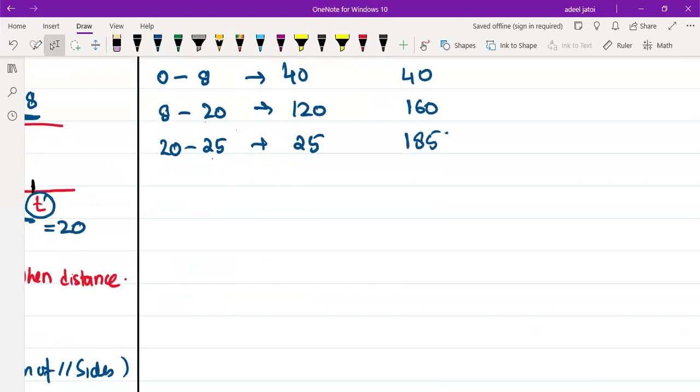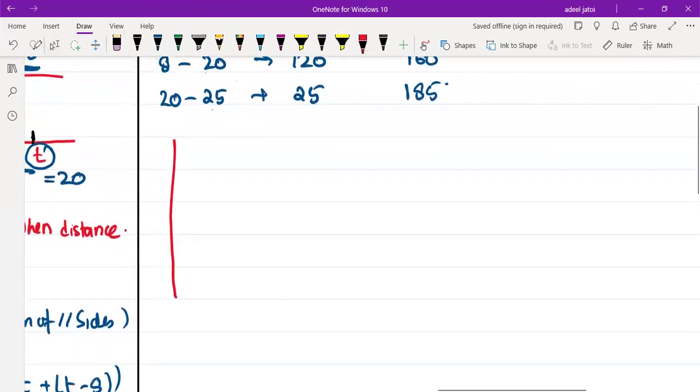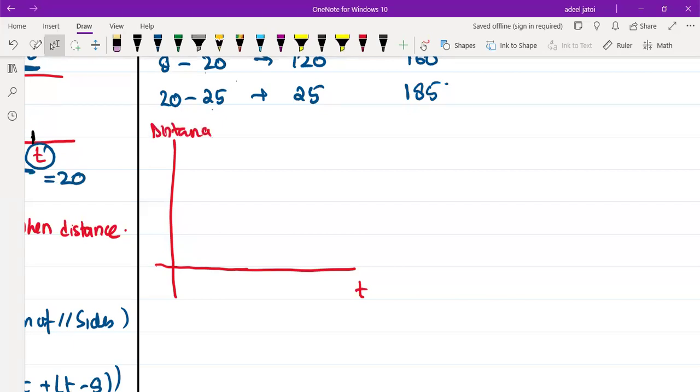So if we just draw the graph, now this graph will generally be linked to the time and the distance. The time was 8, 20 and 25, right? From 8 till what? 40.